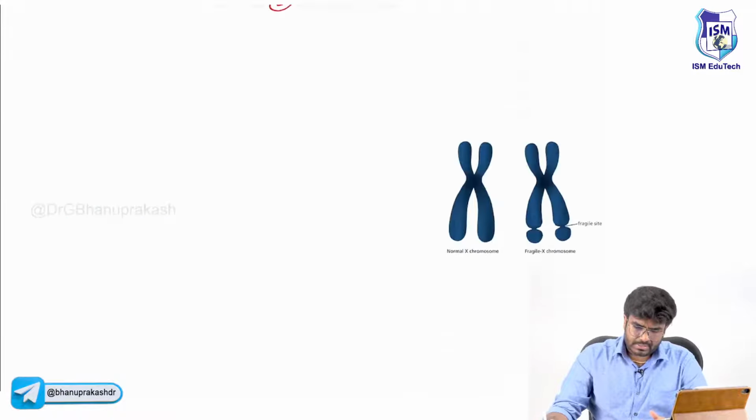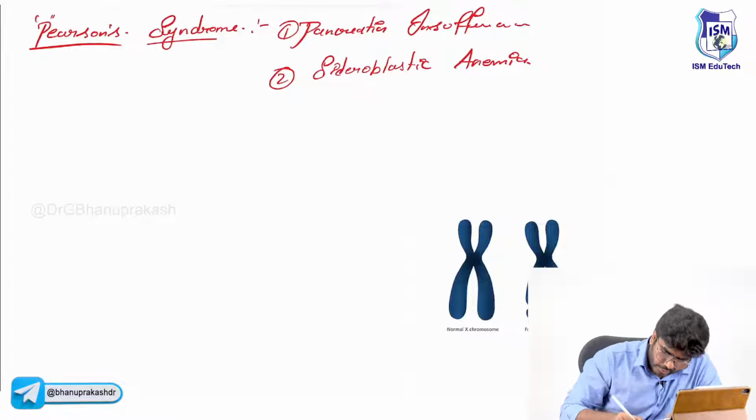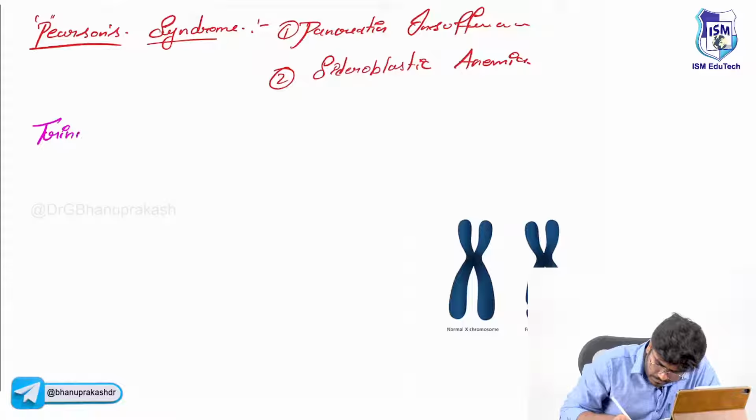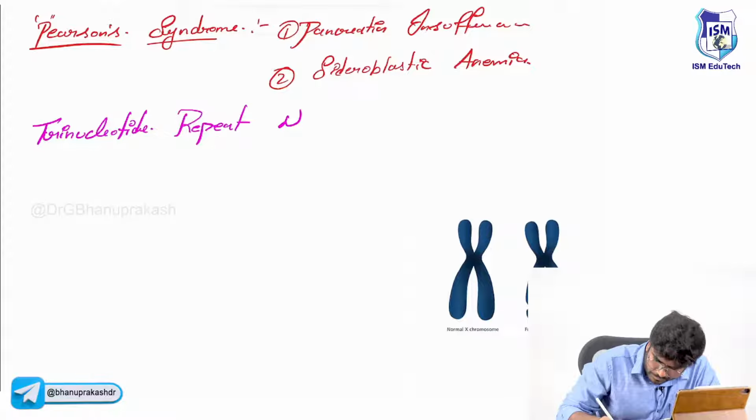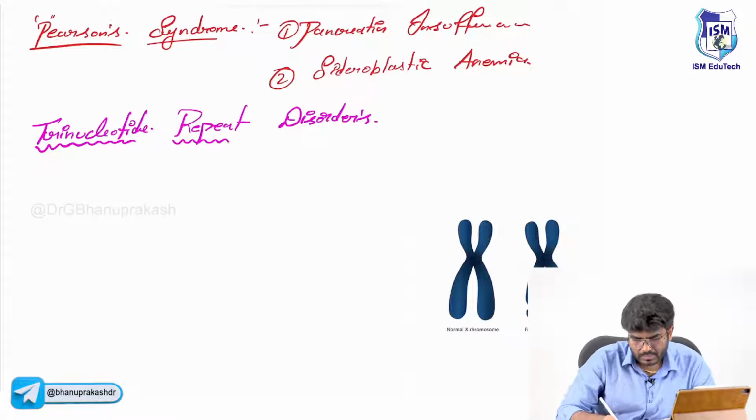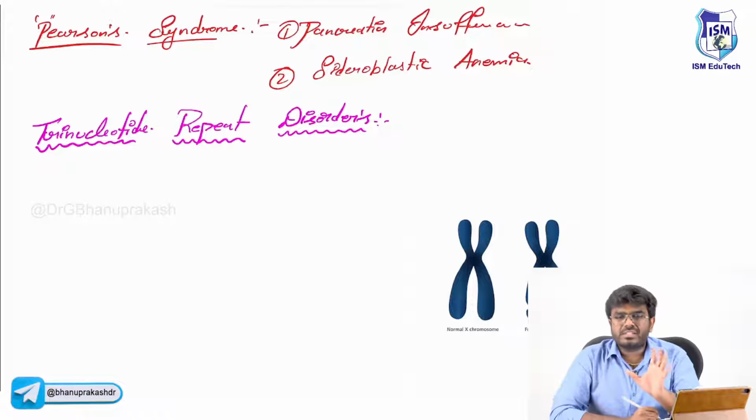Now after this, the next topic which I want you to know is trinucleotide repeat disorders. Do you know any trinucleotide repeat disorders? Normally in these disorders, what happens?